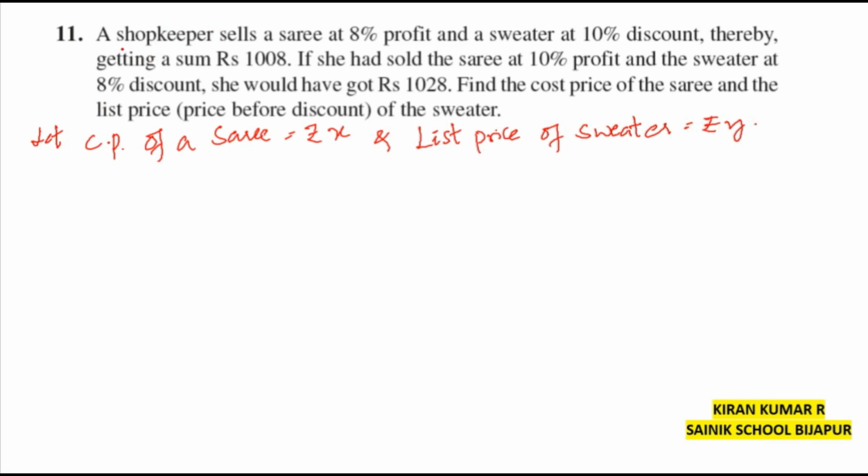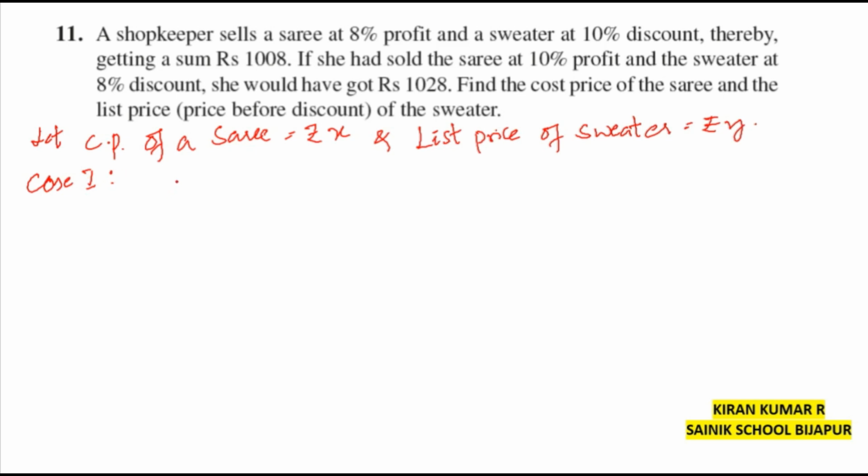Look at the first statement here. A shopkeeper sells a saree at 8% profit and a sweater at a discount of 10%, and she gets a sum of rupees 1008. So in this case, let me write this as case 1.